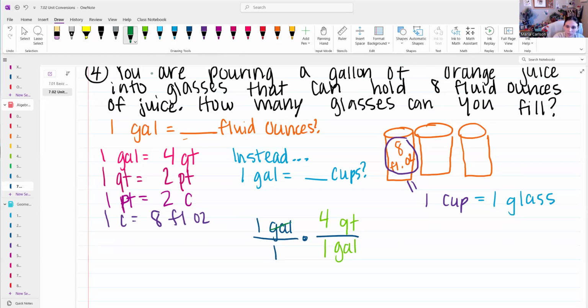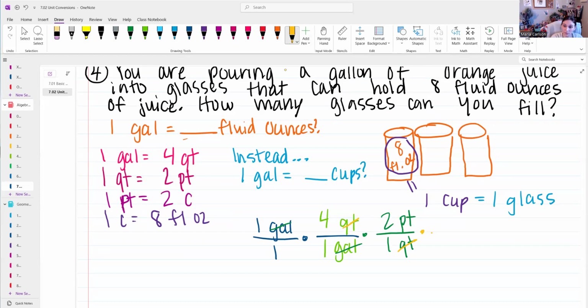So now my gallons will cancel on the top and the bottom, which is great. And we have just quarts on top. So I'm going to now turn quarts into pints. And 1 quart is equal to 2 pints. Notice how I put quarts in the bottom. So now the quarts will cancel out with the quarts that are already on top, leaving us with just pints.